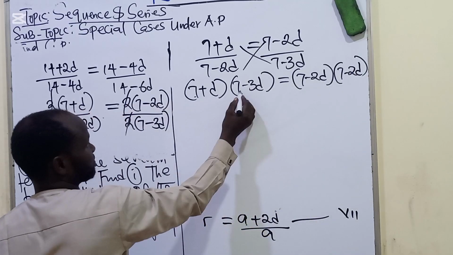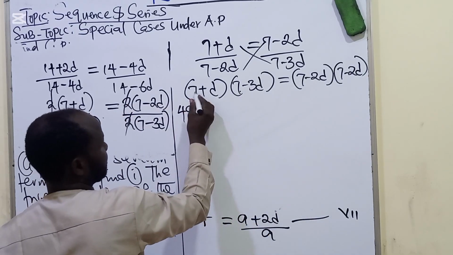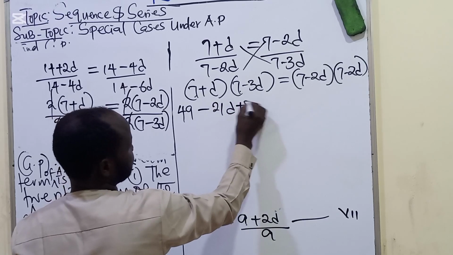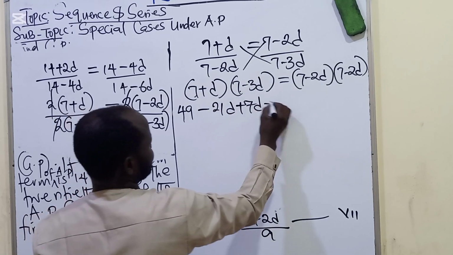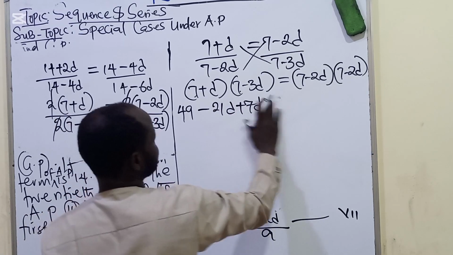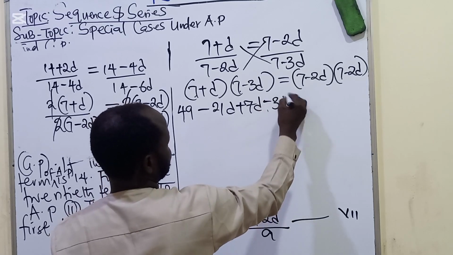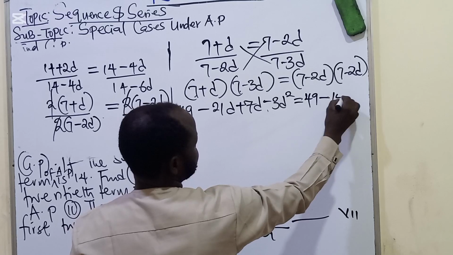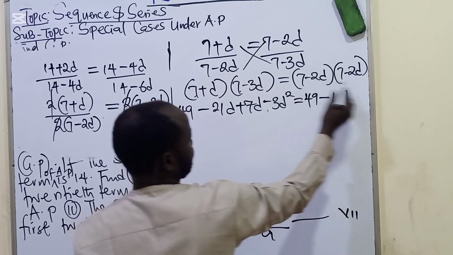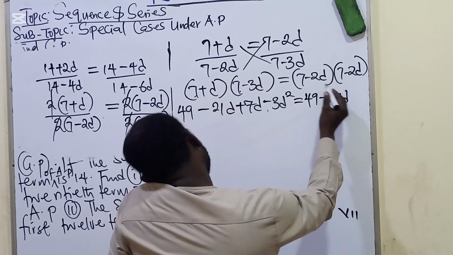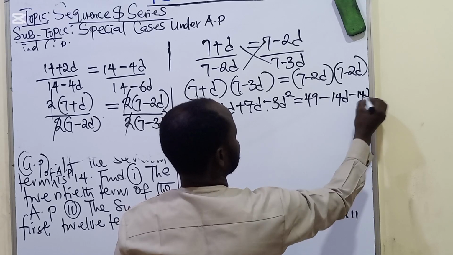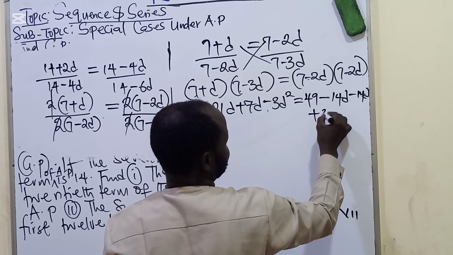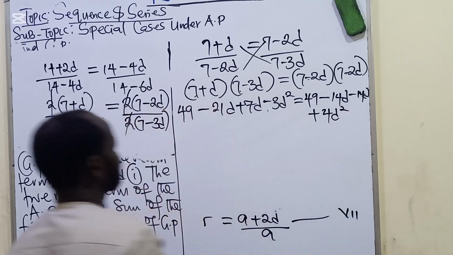Let's expand. 7 times 7 is 49, minus 7 times 3d, that's 21d, plus 7d, then plus 3, minus 3d squared will be equals to 49, minus 14d, then minus 14d as well, then plus this time that will be 4d squared.